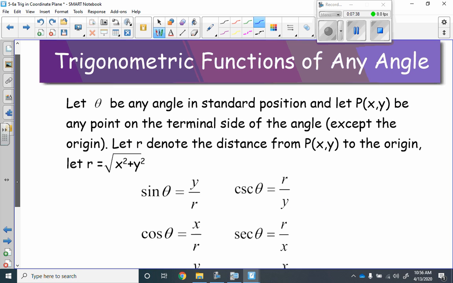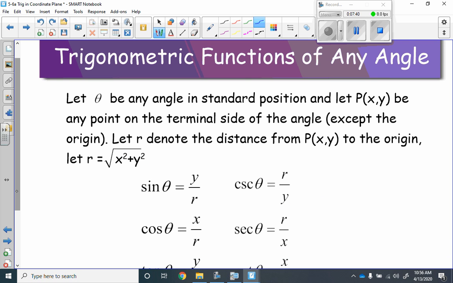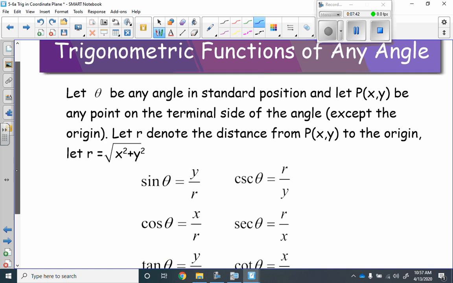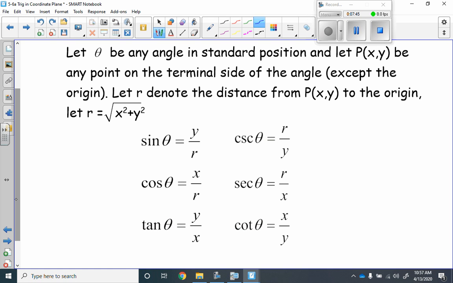And so this brings me into the trigonometric functions of any angle. It says let theta be any angle in the standard position and let P(x, y) be any point on the terminal side of the angle except the origin. Let r denote the distance from P(x, y) to the origin.